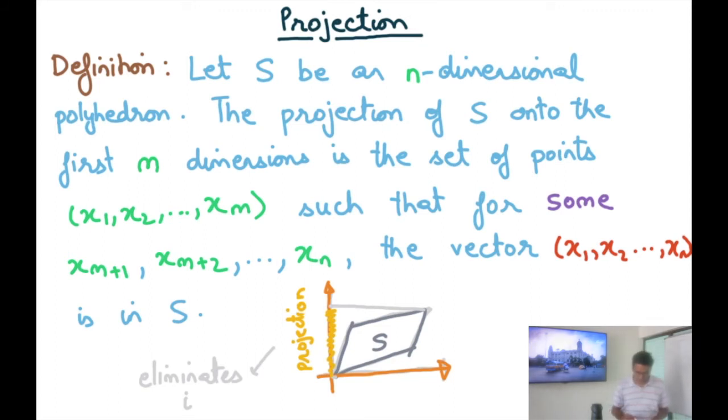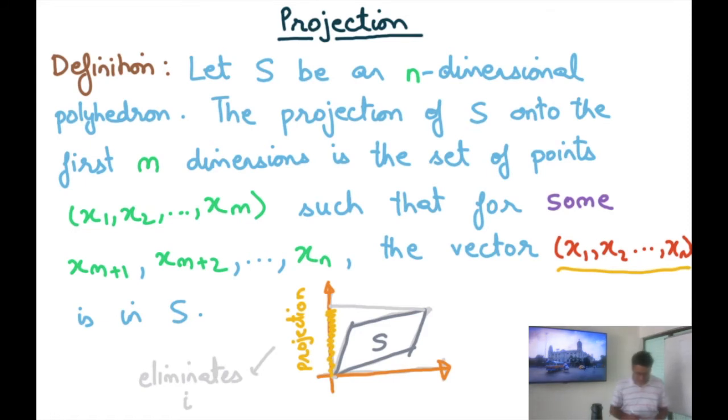But I want to project on the first m dimensions, arbitrarily chosen, so any m dimensions, and let's call them x1, x2, ..., xm without loss of generality, such that for some values of the other dimensions, xm+1, xm+2, xm+3, ..., xn, for some value, so I can choose any value I like for the other dimensions, the full vector x1, x2, ..., xm, xm+1, ..., xn, which is represented by this, is in S.